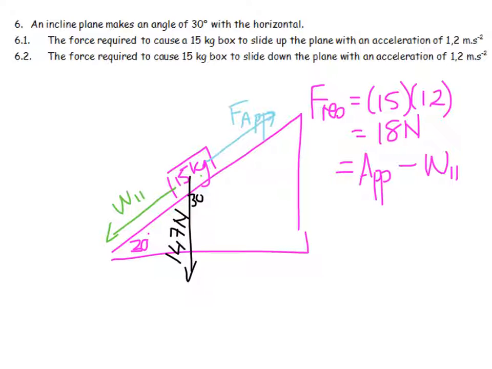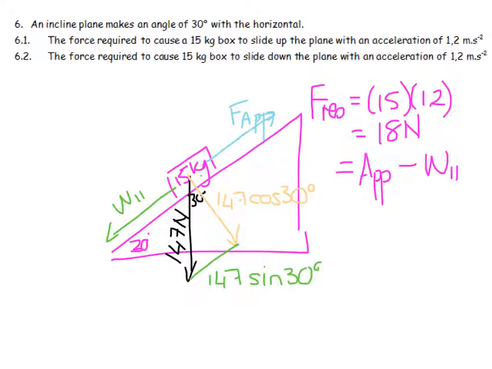This 30 degrees is going to carry into there, and the component perpendicular to the plane is 147 cos of 30 degrees. And then we are going to go 147, it's the opposite side, sine of 30 degrees. And when I work those out, we'll double check in a sec.